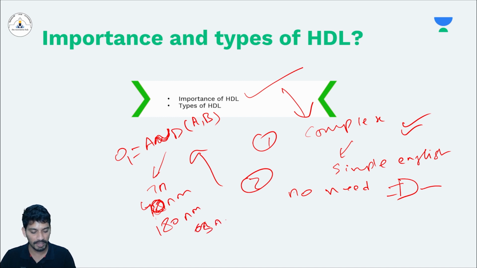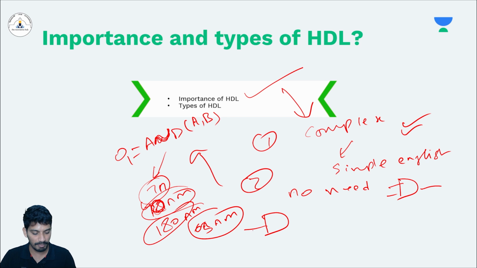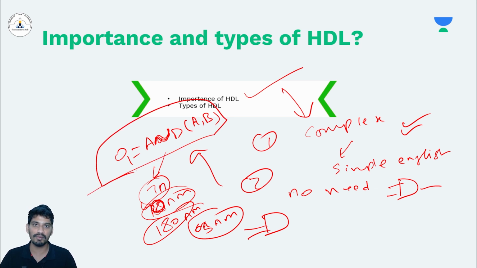You are not describing the technology node. So it is independent of technology node as well as independent of fabrication lab also. You are not using the AND gate of any particular fabrication because you are simply writing AND gate, and the tool itself will convert it into whatever technology or whatever fabrication lab you want, right?